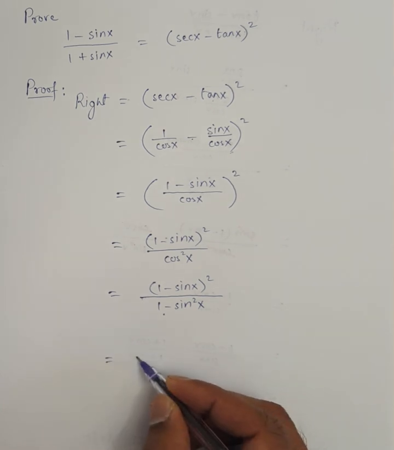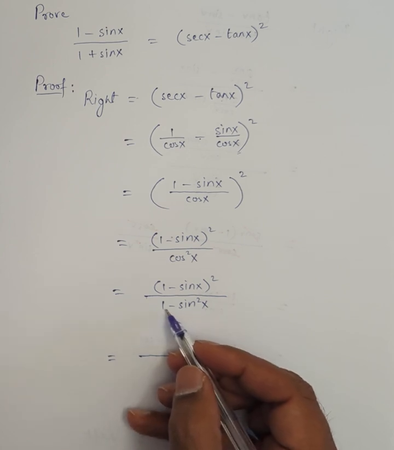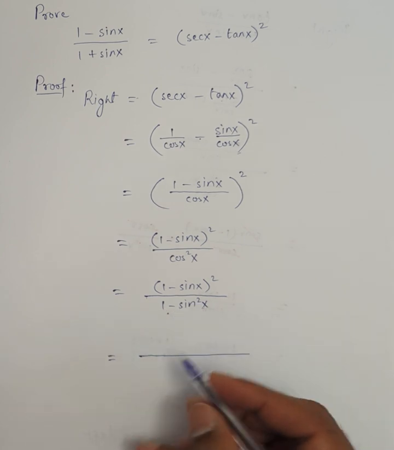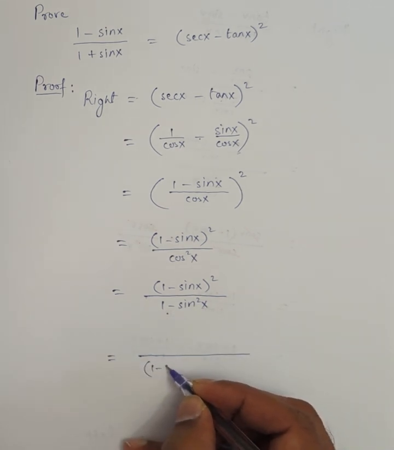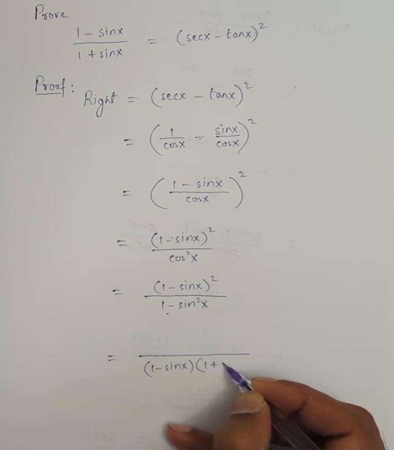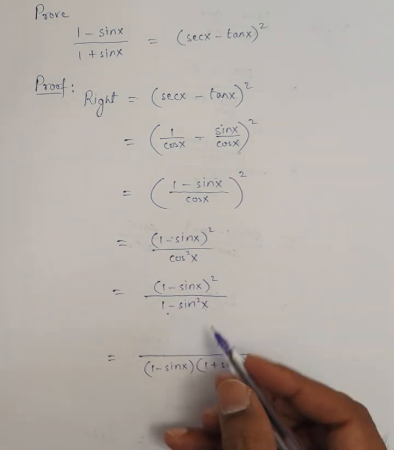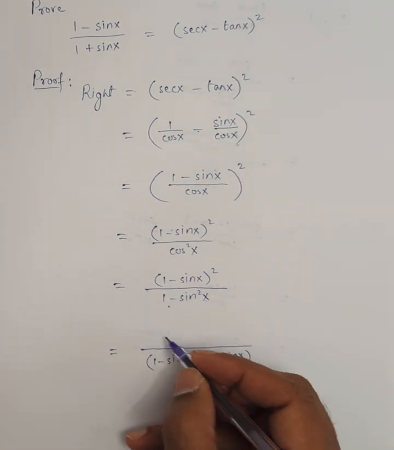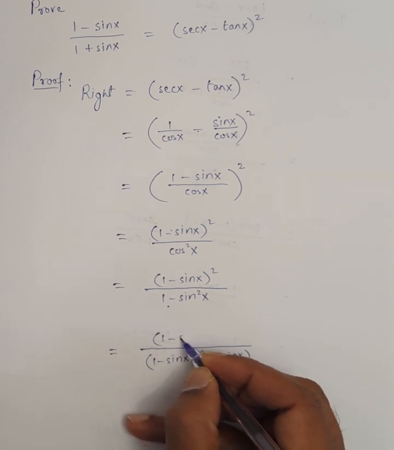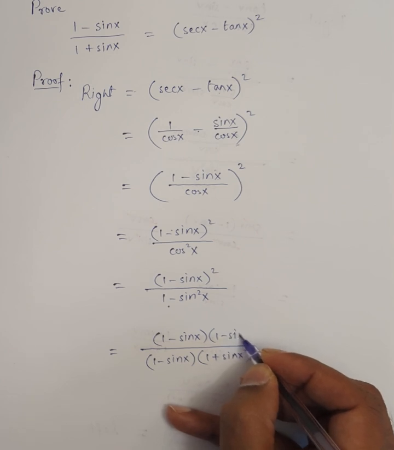So we can factor the denominator, as this is like a² minus b², so it would be (a - b)(a + b). And the numerator is (1 - sin x) quantity squared, which is the same as (1 - sin x) times (1 - sin x).